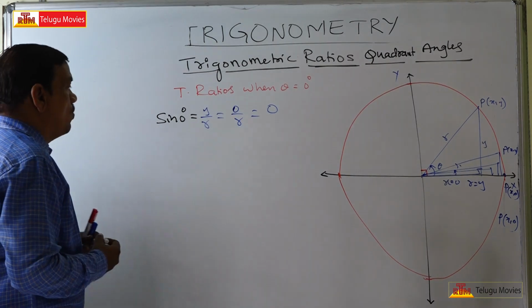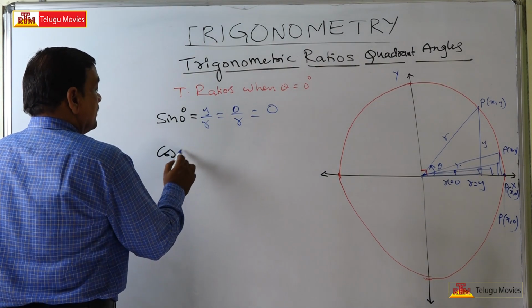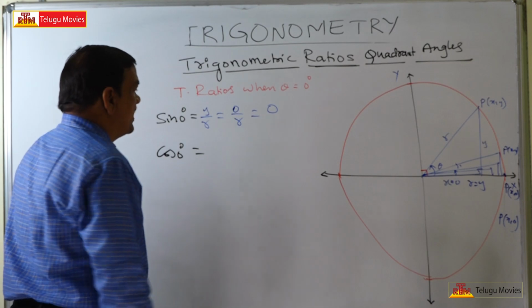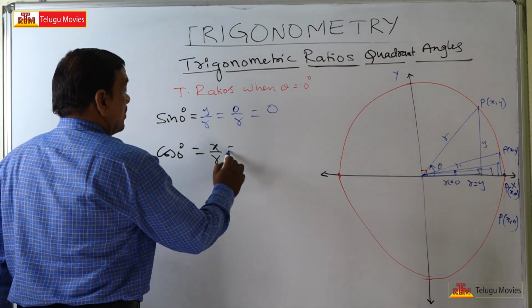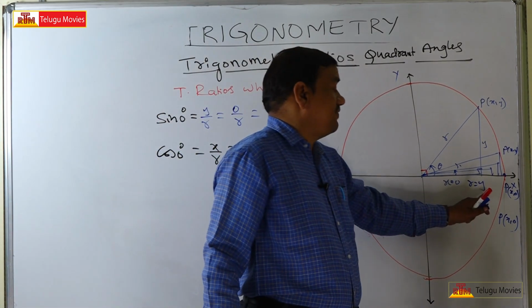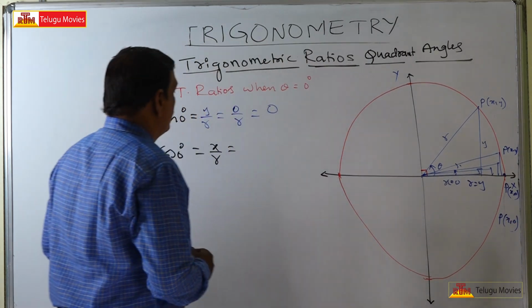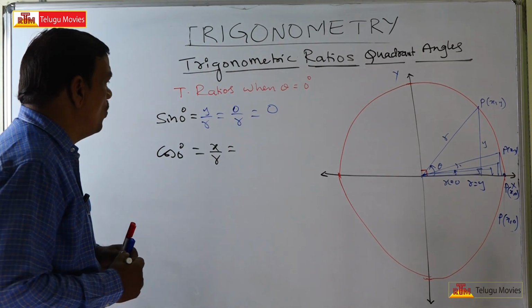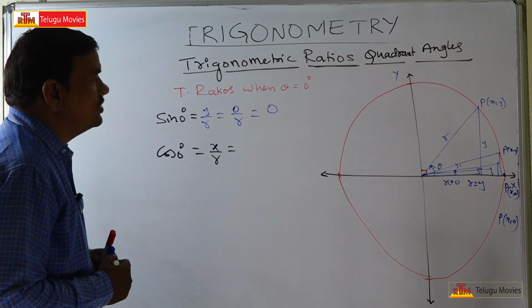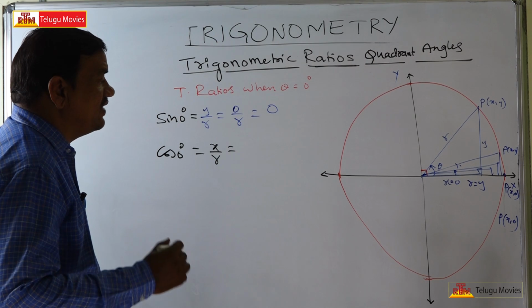Okay, now what is cos 0? Cos 0 means, according to the definition, x by r. Sine theta is equal to y by r, and cos 0 is equal to x by r. So what is our x value?